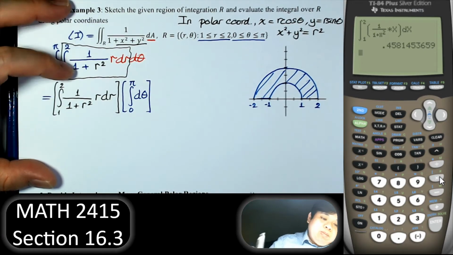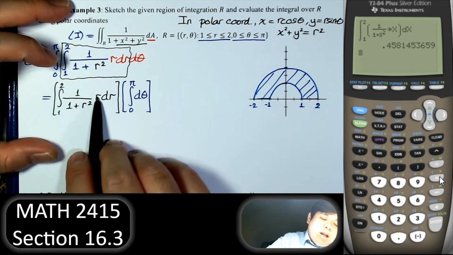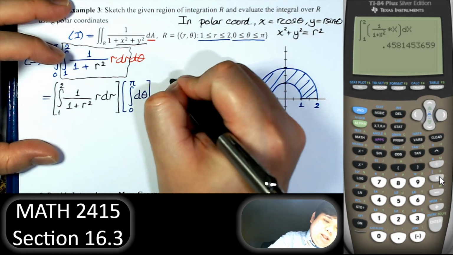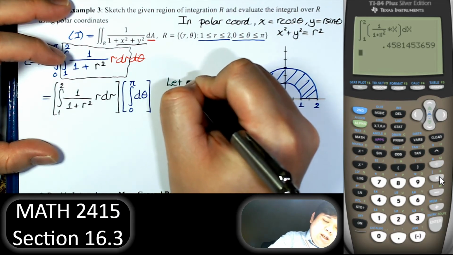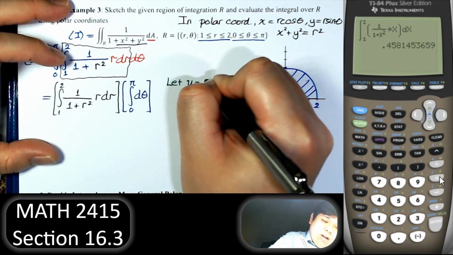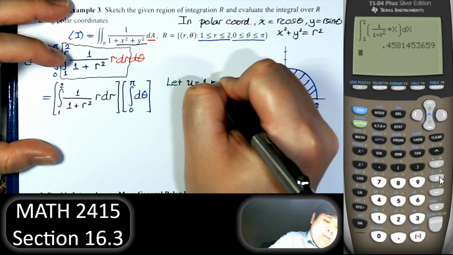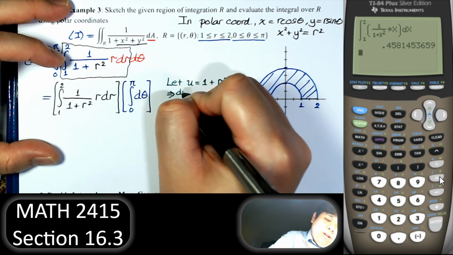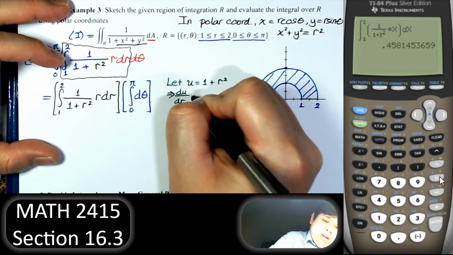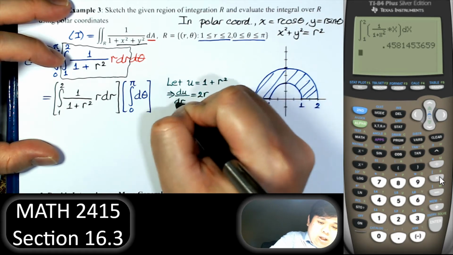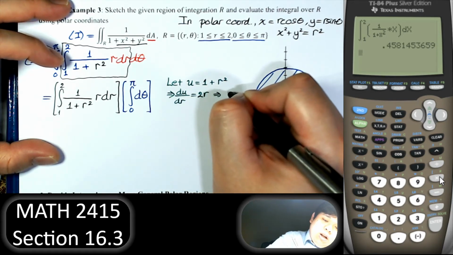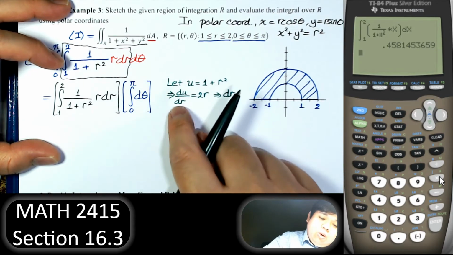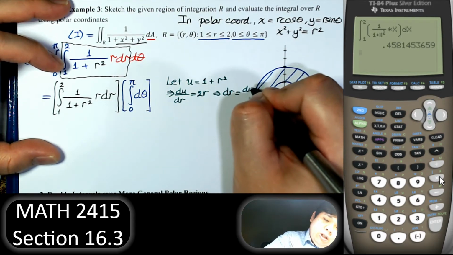But now it's substitution. So for substitution, we're going to let 1 plus r square be u. So let u equal 1 plus r square. We can take the derivative. It's 2r. We solve for dr, and dr will be equal to du over 2r.